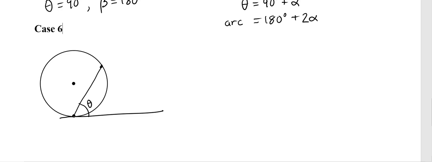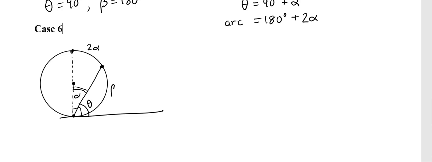And I want to show that that's 2 theta. Well, again, I'll draw this diameter, making a right angle with the tangent line, and we'll call this angle alpha right there. So angle alpha intercepts this arc of measure 2 alpha.